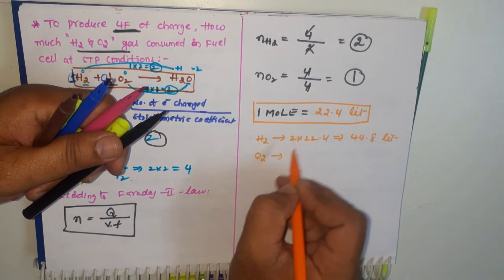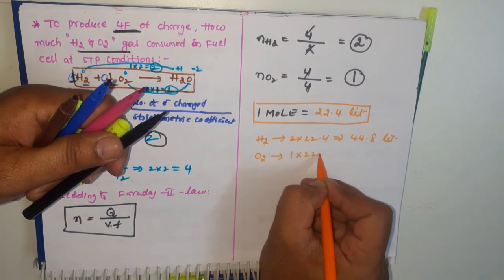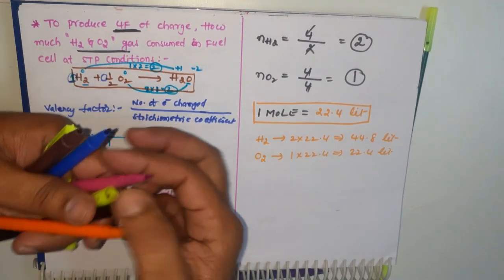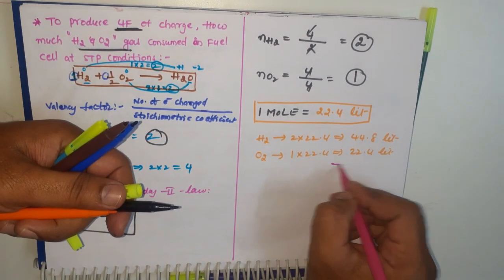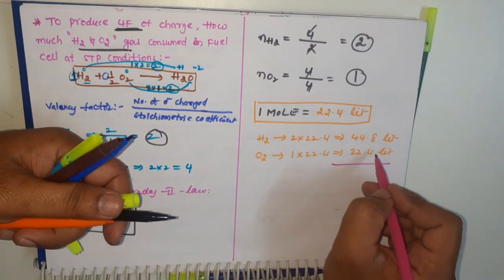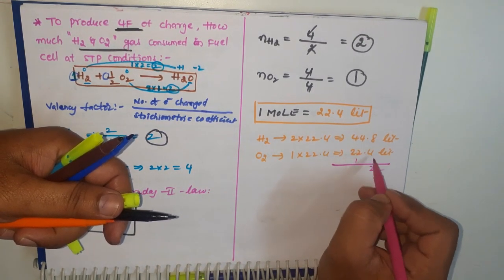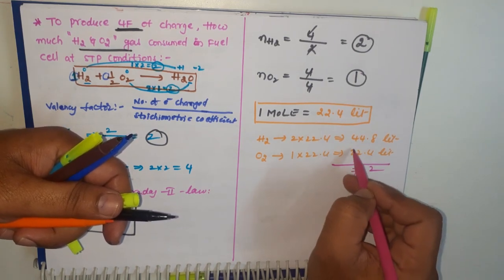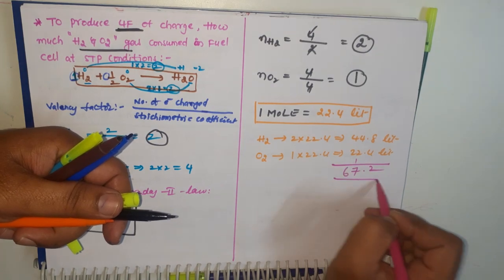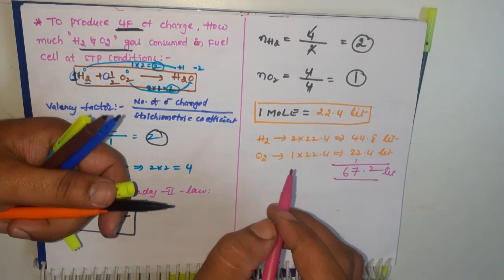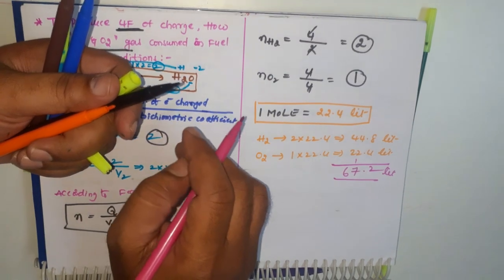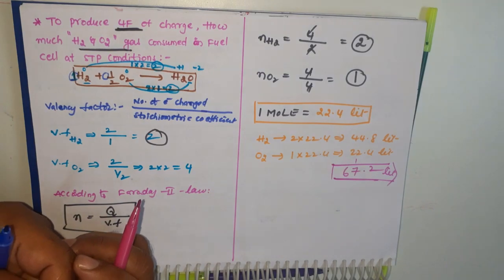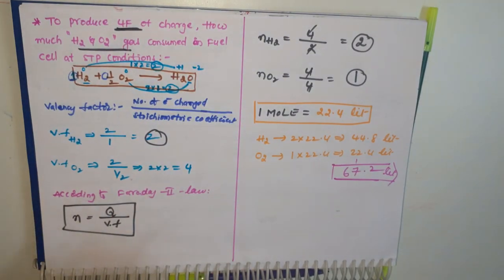Oxygen is 1 mole into 22.4 liters, that is 22.4 liters. In total, 67.2 liters of gas is consumed to produce 4 Faradays of charge in the fuel cell.